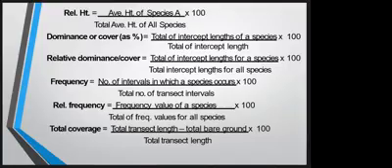We also have dominance or cover, relative dominance, frequency, relative frequency, then total coverage. So you'll be using this when you deal with plant species or vegetation analysis. So kani siya, you don't have to actually memorize this.